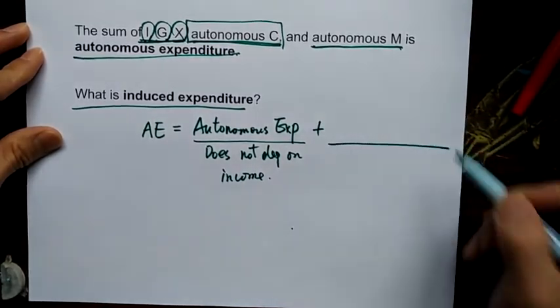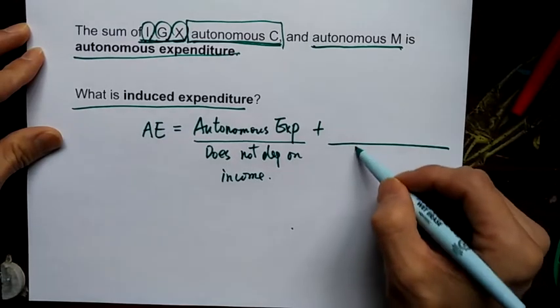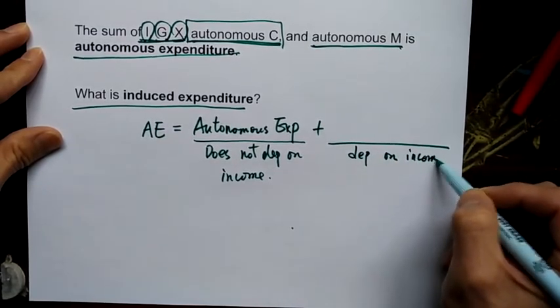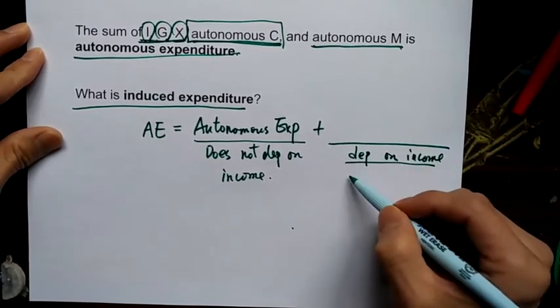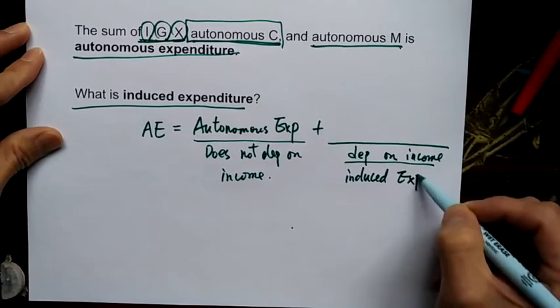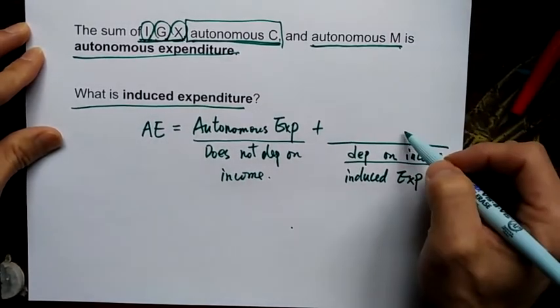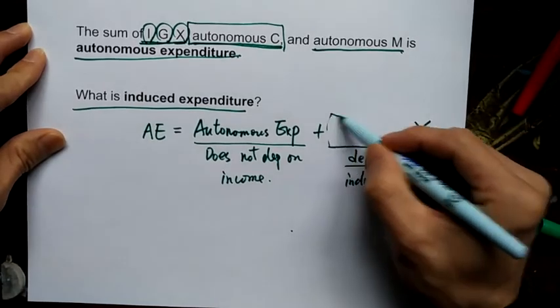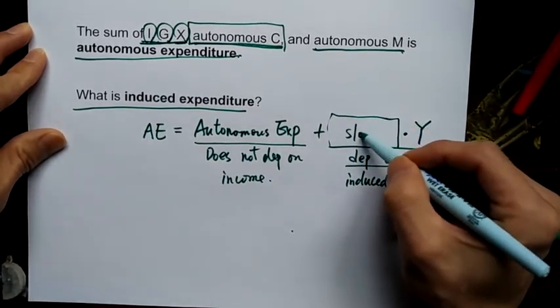For the rest, it depends on income, which we call induced expenditure. Because this part depends on income. It's the slope times income.